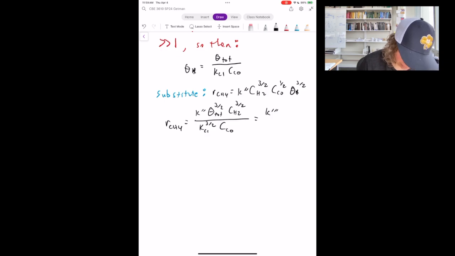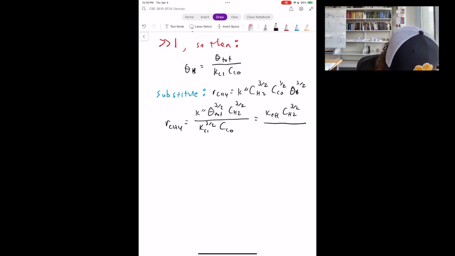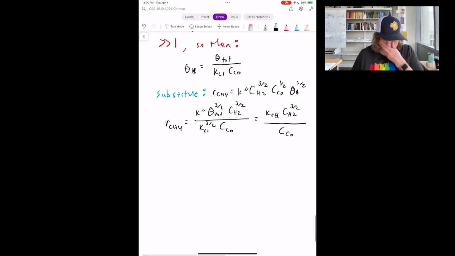In fact, let's just call it KF. It's really a combination of a bunch of constants. Okay, so then that would be my final rate law. And we see that it is 3/2 order in H2 and it is -1 order in CO.